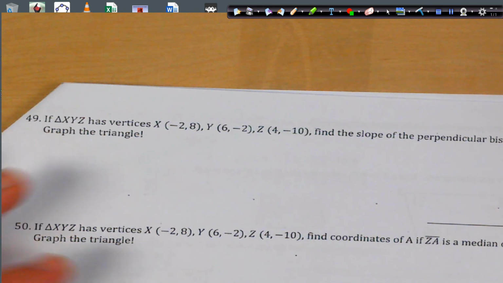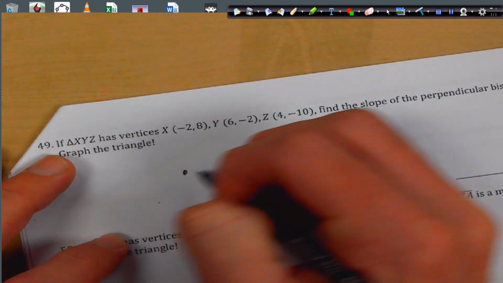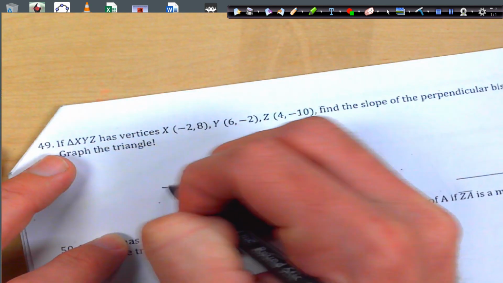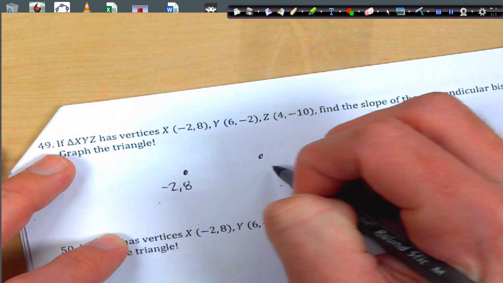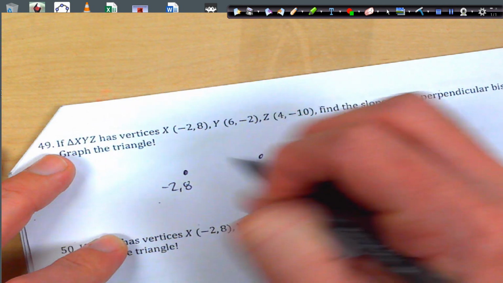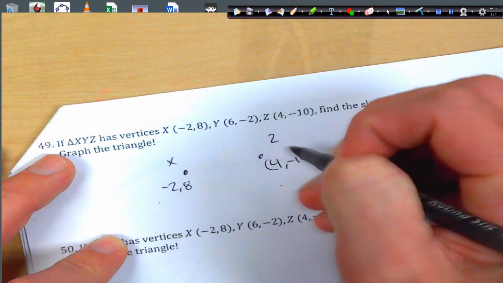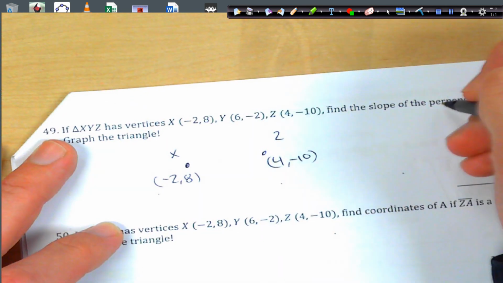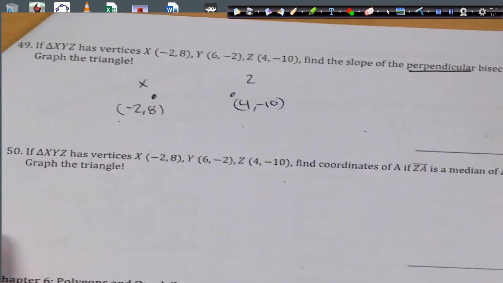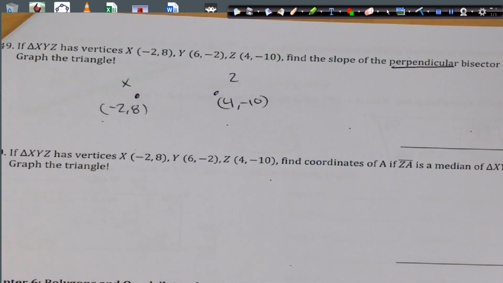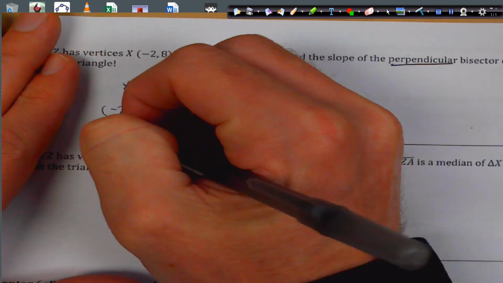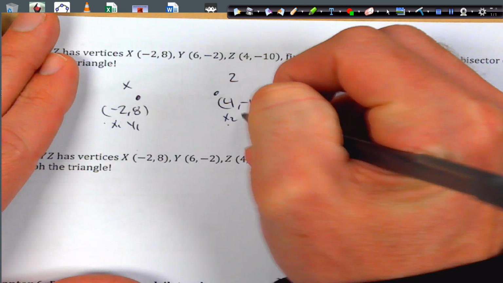Here's the deal. It's perpendicular, so I just really have to find the slope of these two, and then use the opposite reciprocal. So it's actually not that hard of a problem. You don't even have to fully graph it.